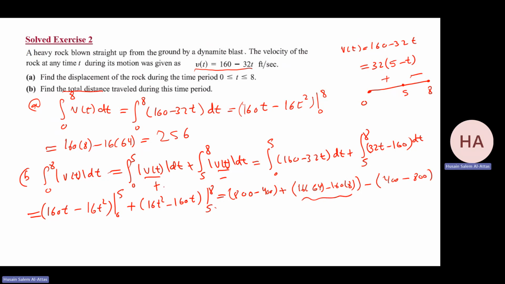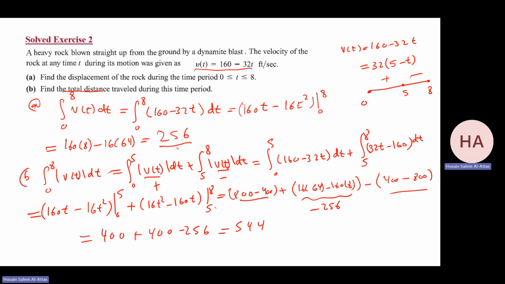This one I know from this, that will be minus 256. So the answer is 400, and I have another 400 here, minus 256, which is 544.